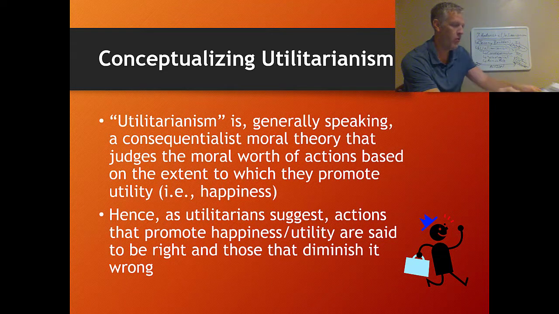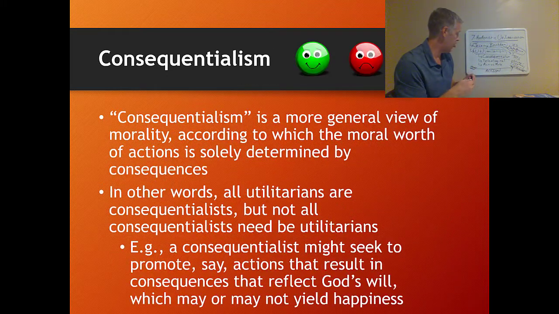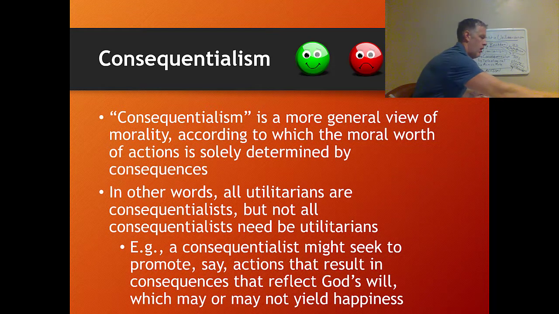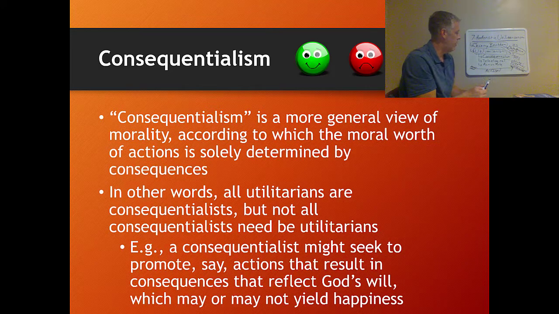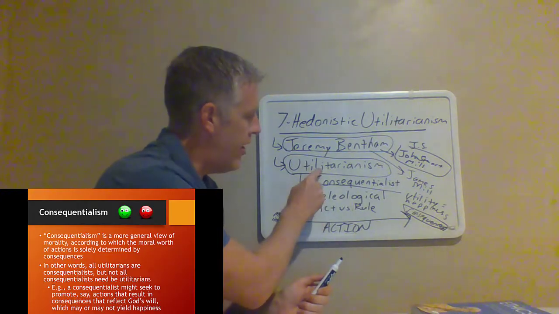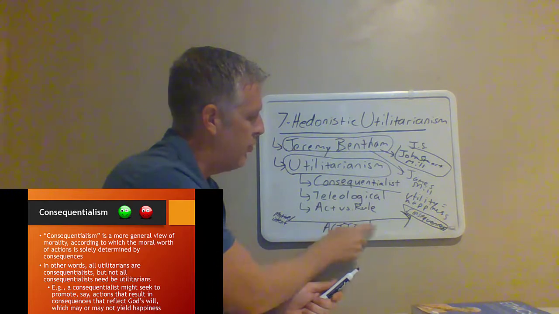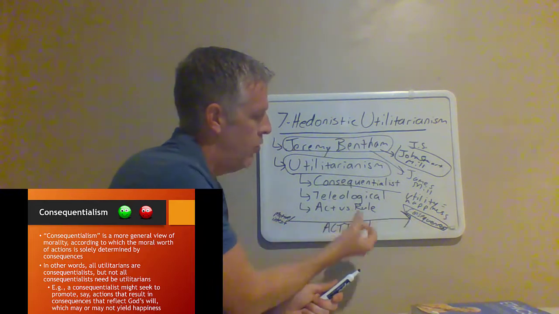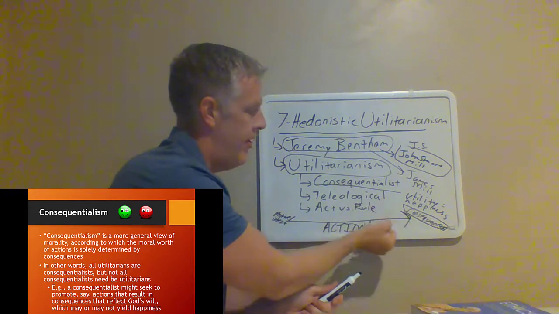Turning to page 4, let's flesh out this relationship between consequentialism and utilitarianism a little bit more. We know that utilitarianism is a consequentialist theory, insofar as it's going to say what matters morally speaking is what results, the consequences of the actions.